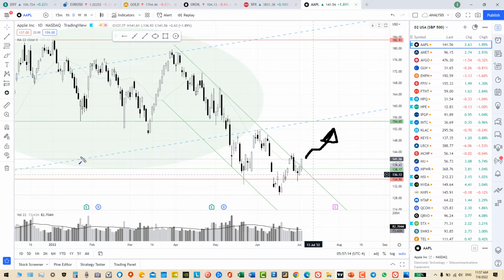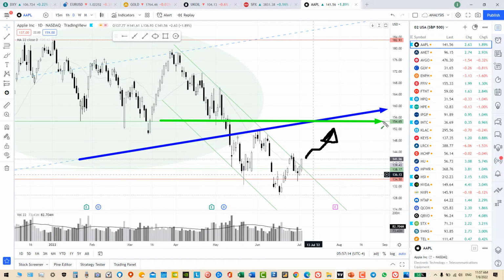First of all, the broken trend line. Secondly, the neckline of the completed reversal pattern, aside from some short-term horizontal resistances. So this zone will be considered a very difficult zone. It may range from $152 up to $156 or $158.